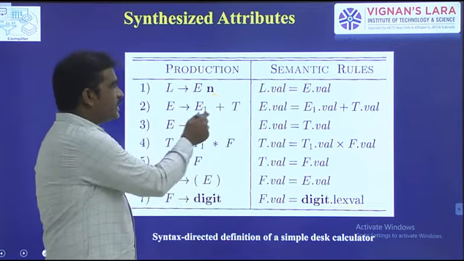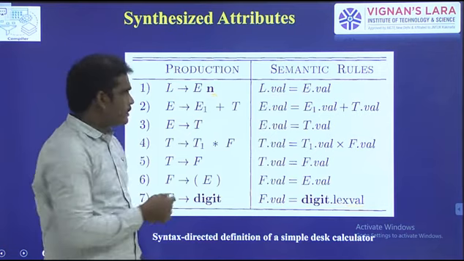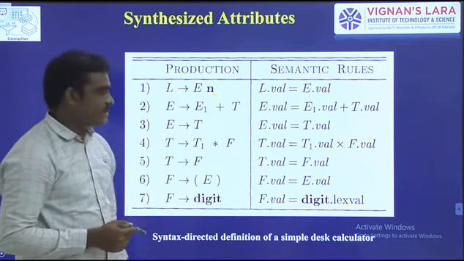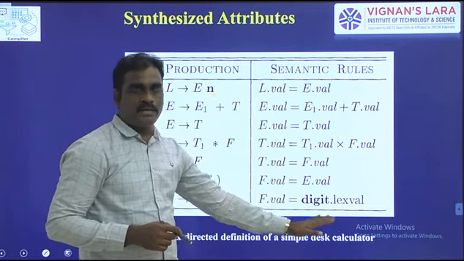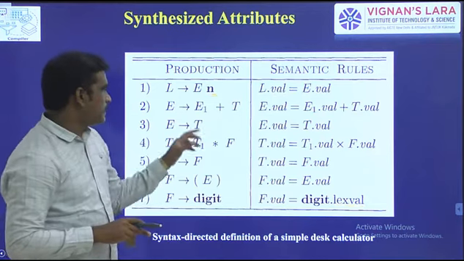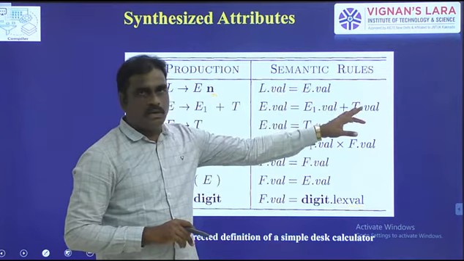Next, E to E plus T. It is a simple arithmetic operation. In this case we are using only two operators: one is addition and the second one is multiplication, because it is a calculator. In the calculator we are taking only two operations, plus and star. So E.val equal to E1.val plus T.val.